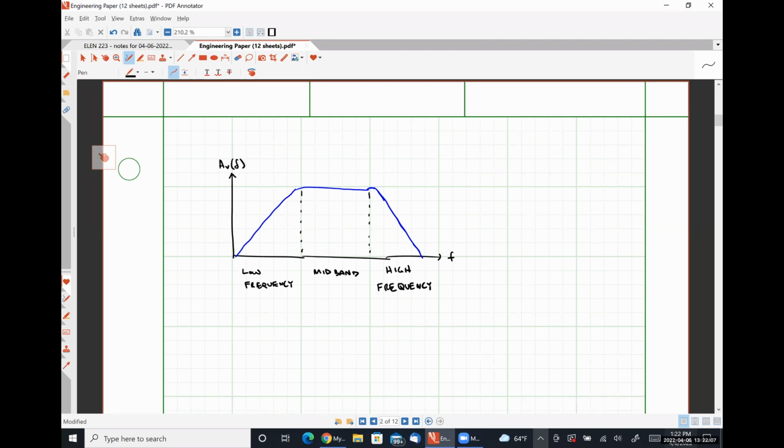In this region, all of these capacitors look like shorts and all of the capacitors over here look like open circuits, so they really don't contribute anything. Our mid-band gain is literally what we spent all of 335 talking about. And now we're moving over here to better define what these look like when the internal capacitances of our transistors start influencing the behavior of our circuits.